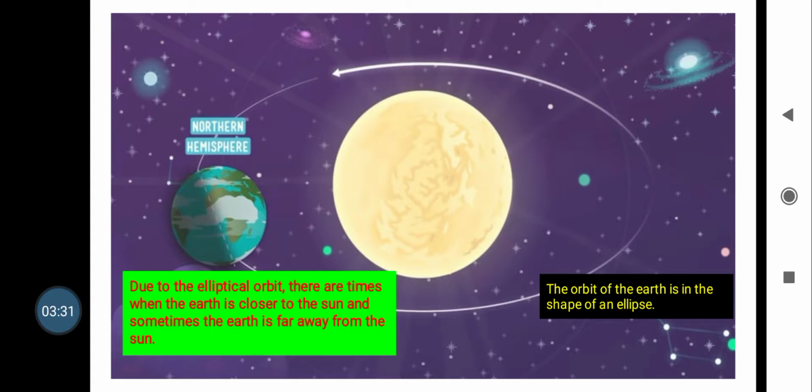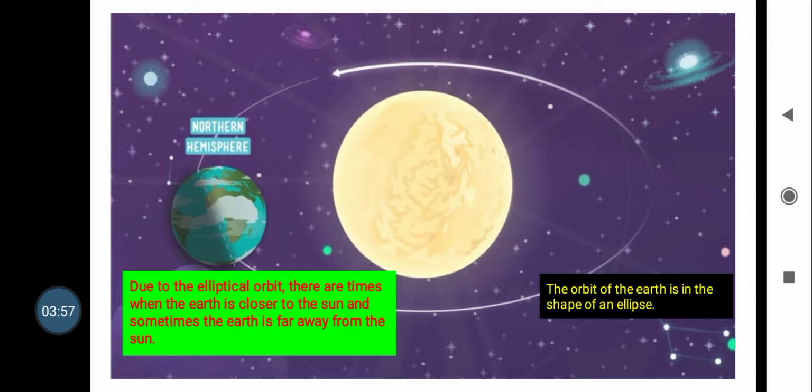In the picture, you can clearly see that the path or the orbit of the earth is not circular in shape. It has the shape of an ellipse. The orbit of the earth is in the shape of an ellipse. So what happens is that because of this particular shape, there are times when the earth is closer to the sun, which results in places getting summer season.